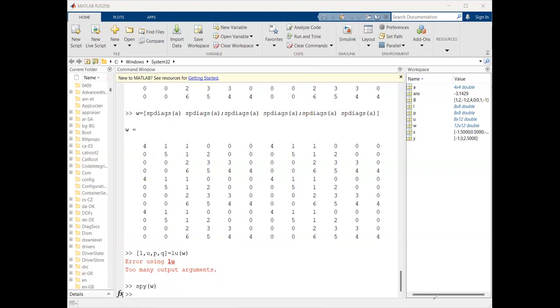I wanted to show you how to do the LUPQ when you have a total pivoting method. You can also do total pivoting in MATLAB, exactly as I explained here.